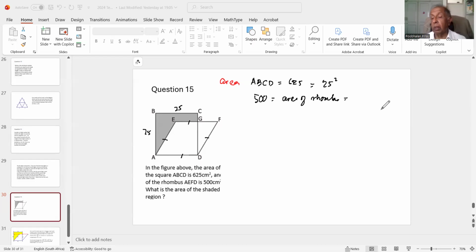And the area of a rhombus or area of any parallelogram is base times height. Right? And the base is, okay, we saw the base is 25. The rhombus shares one side with the square. So the rhombus will also have sides 25. So this is 25 times the height.